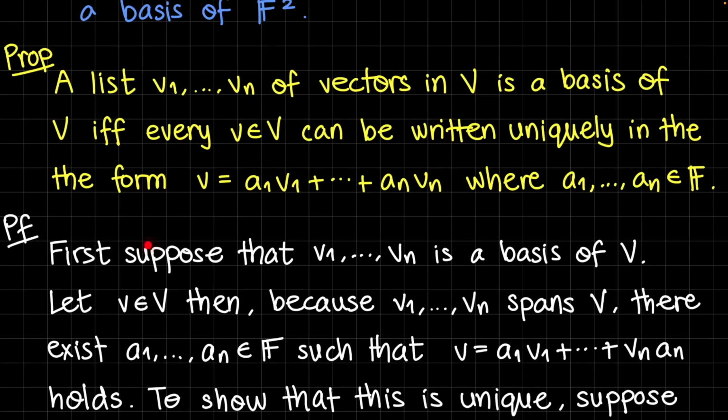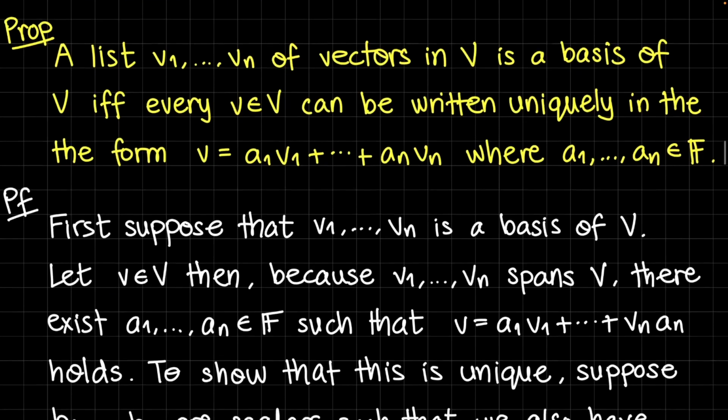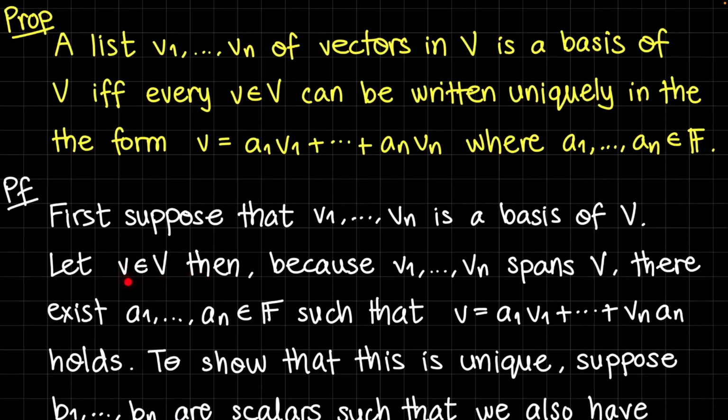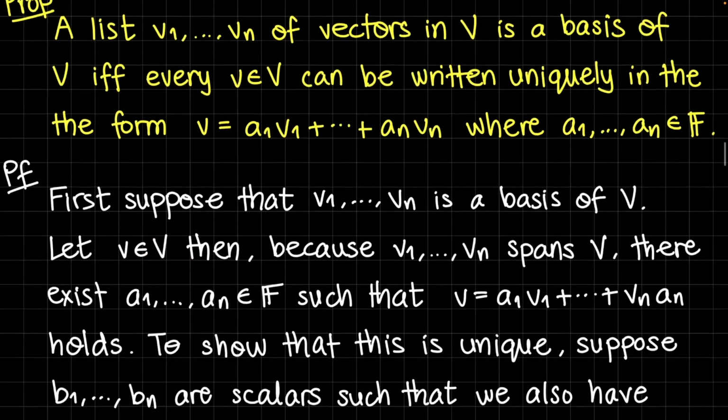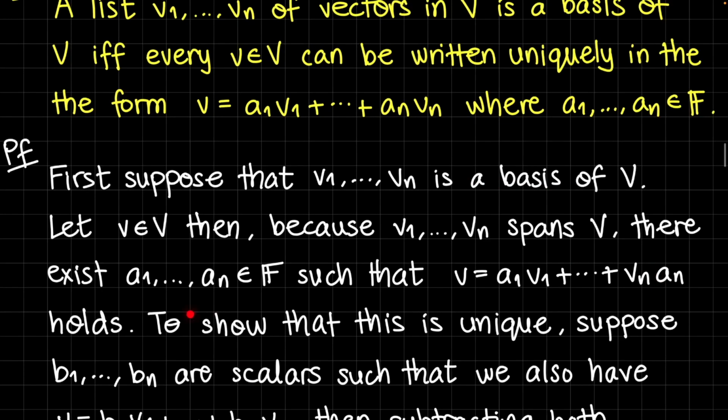So let's first suppose that v1 through vn is a basis of V. Take any vector v in V. Because v1 through vn spans V. Why does it span V? Because it's a basis of V. There exist n scalars, a1 through an, such that v can be written as a linear combination of those vectors in the list.